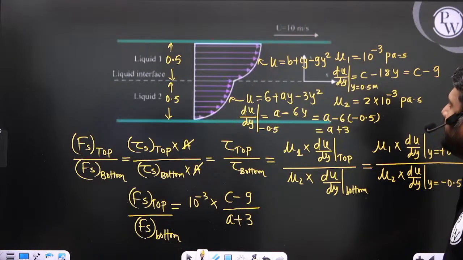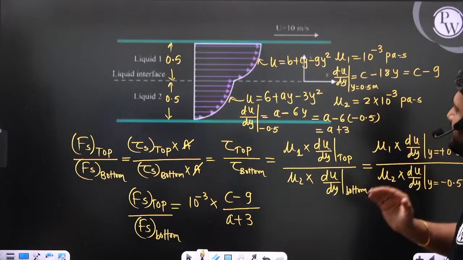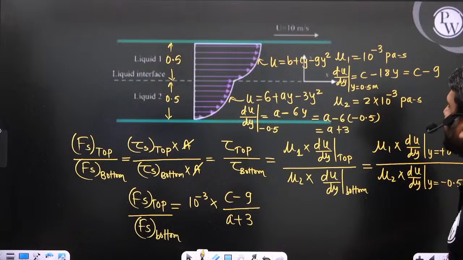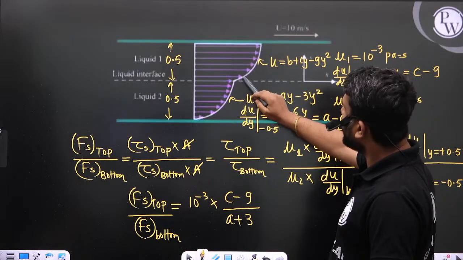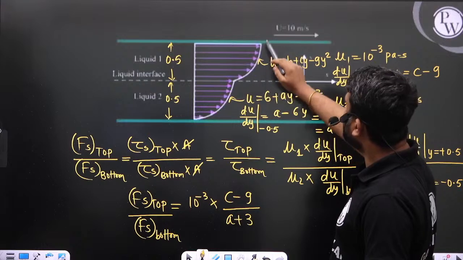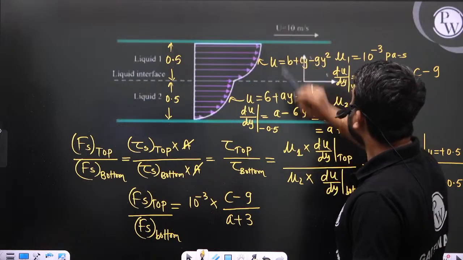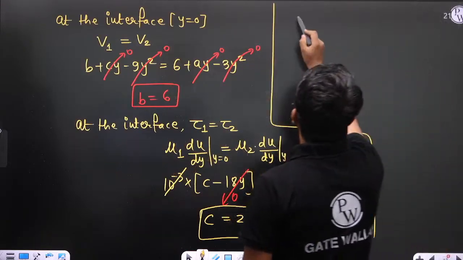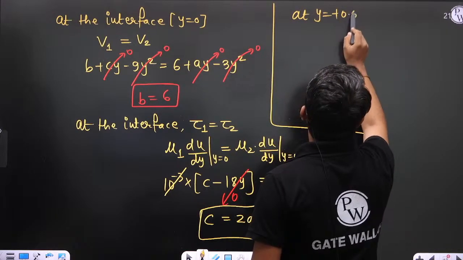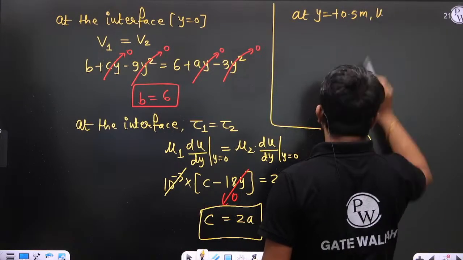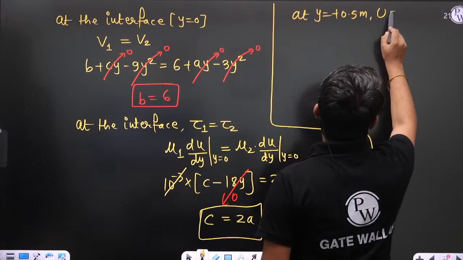So do one thing. We have another boundary condition. At y is equal to plus 0.5 meter, u is equal to 10 meter per second.